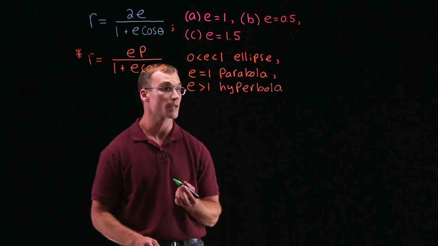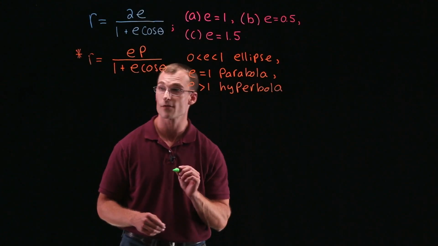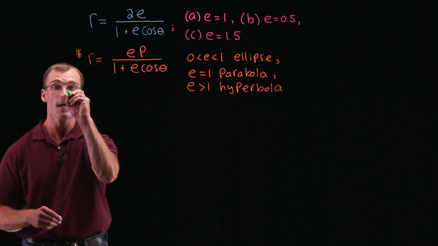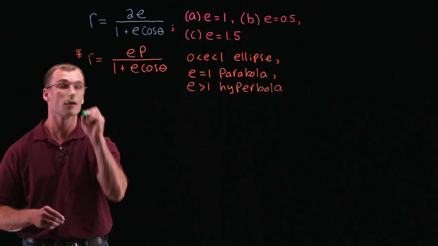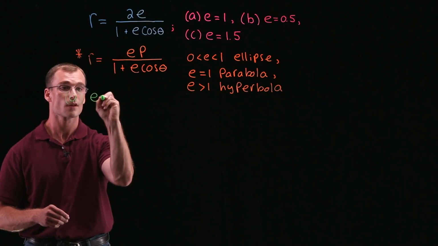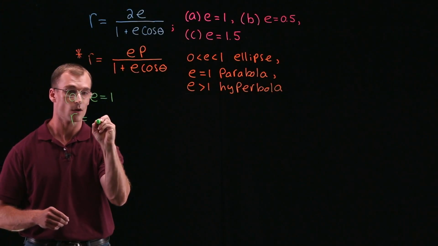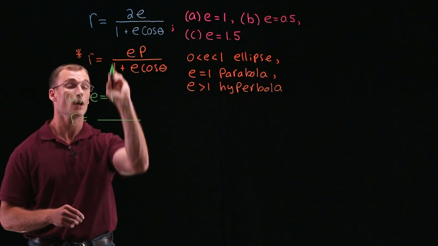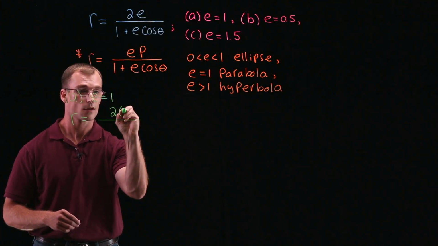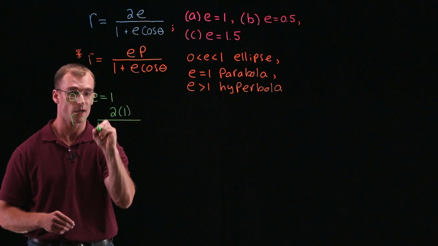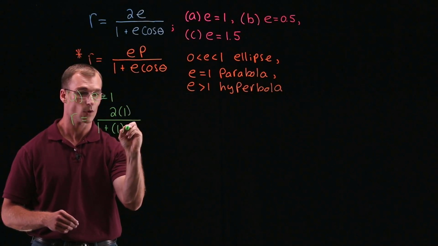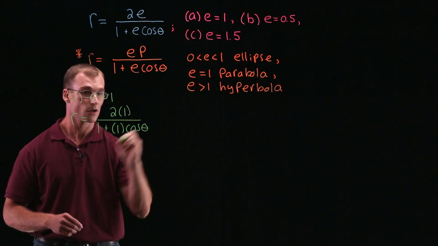But since we're going to plug these into our calculator in a moment, we'll go ahead and write down what we have. For part A, e is equal to 1, so our equation is r equals 2 times 1 divided by 1 plus 1 times cosine theta.